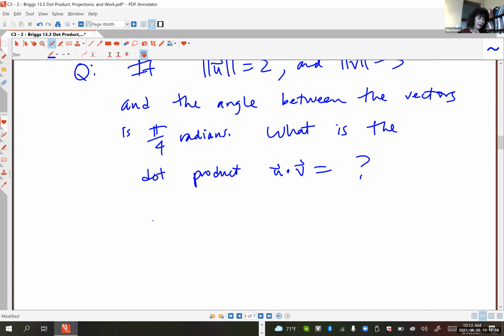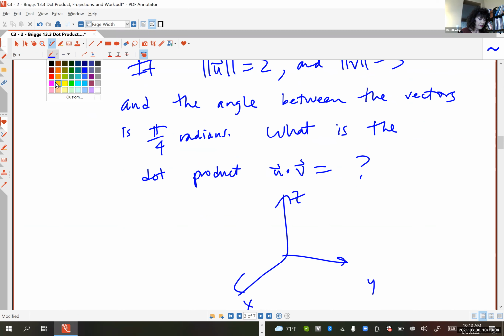Oops. So if I were to draw a picture of this, I'm just going to draw some cheesy picture, you'd have u pointing off in some weird direction, let's just say there, and it's got a magnitude of 2. And then v is pointing off and making an angle of 45 degrees.